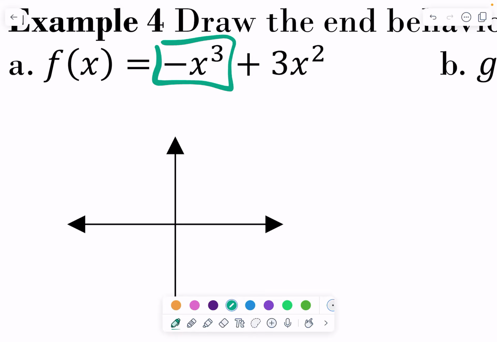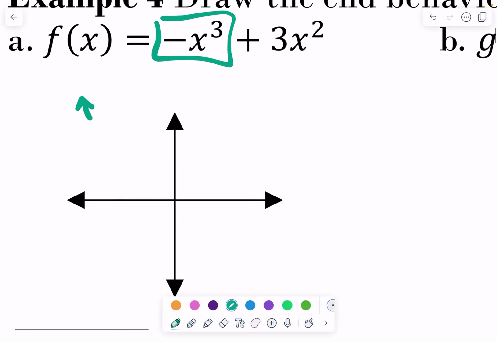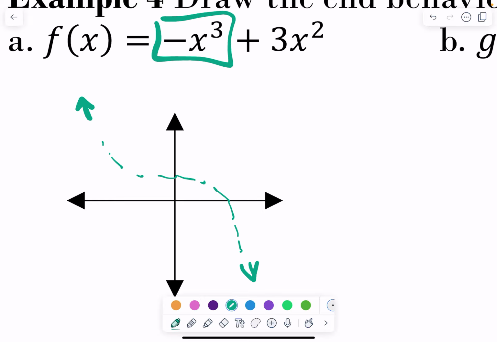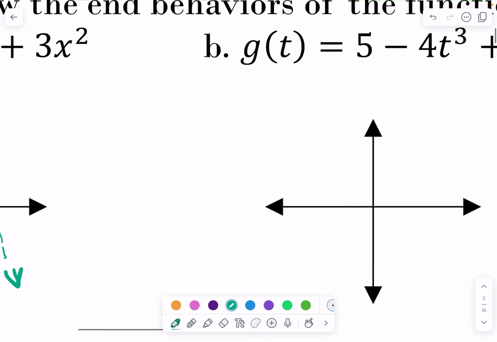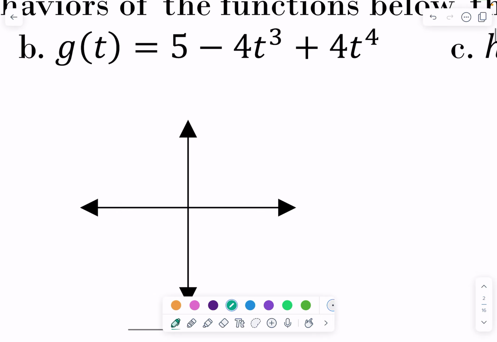The degree is going to be 3, and so that's an odd number, and it's negative. So I'm going to have an arrow going up in this quadrant, and then an arrow going down. And then I can sketch the function like so.